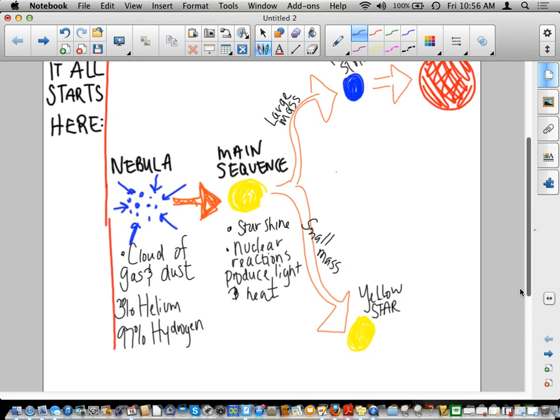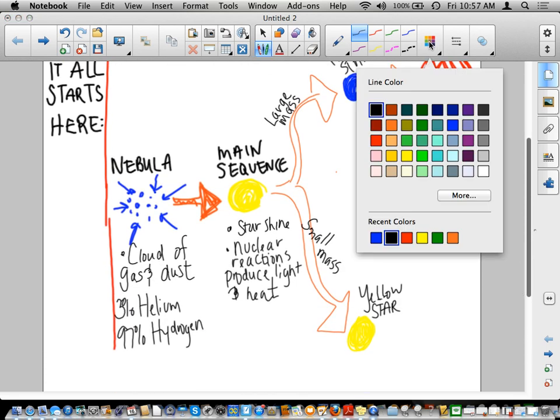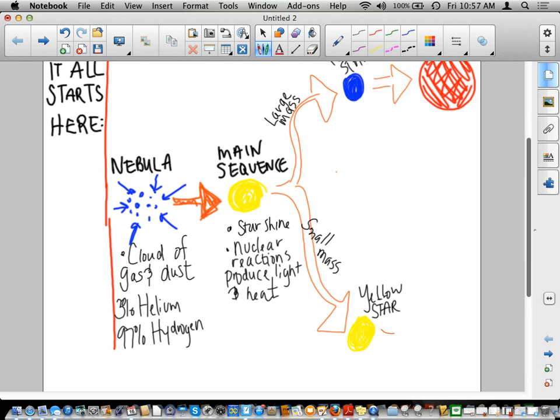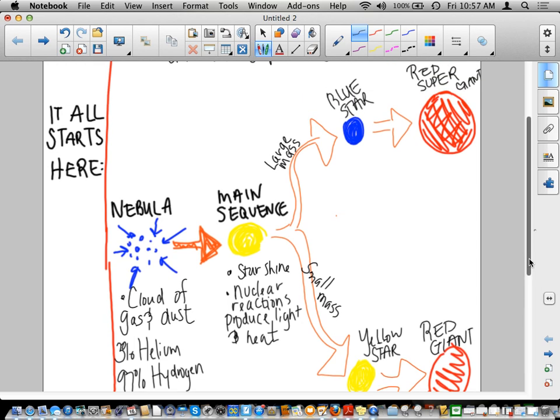Now, a small mass star, similar, however, it's not a supergiant, it's just a red giant. So a small mass star, the next stage is a red giant. Okay, now in both of these stages, basically the same thing is happening.